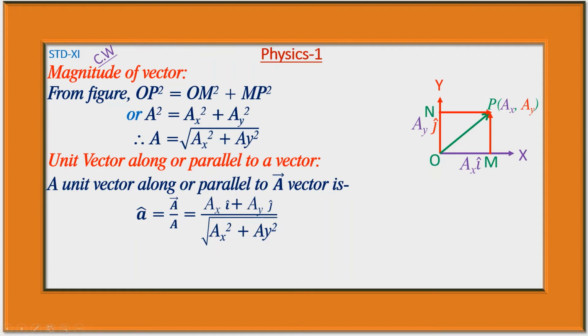So the unit vector along vector A is the vector A divided by its magnitude A. So we know vector A is equal to Ax i plus Ay j, and its magnitude A is equal to root over Ax square plus Ay square. So the unit vector along vector A is (Ax i plus Ay j) divided by root over Ax square plus Ay square.